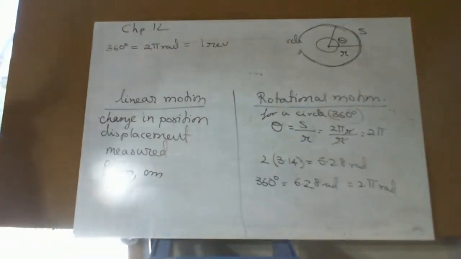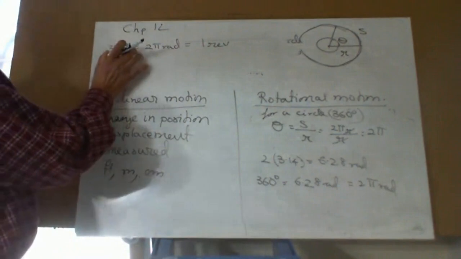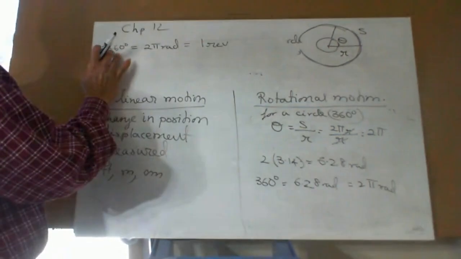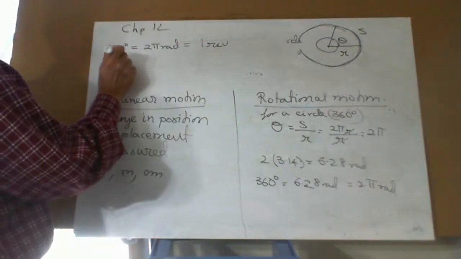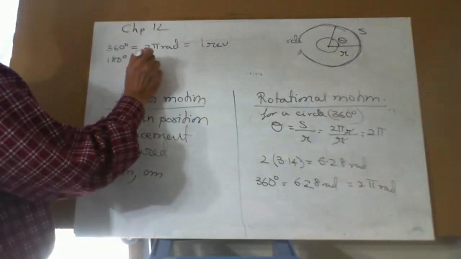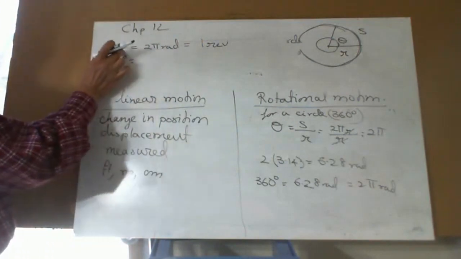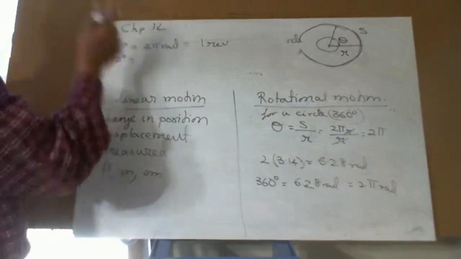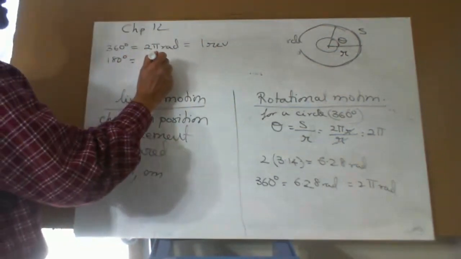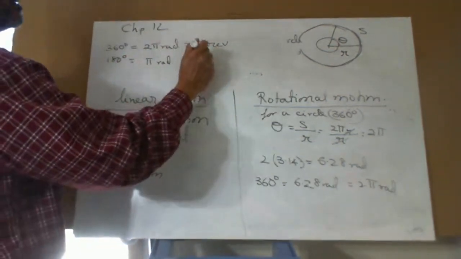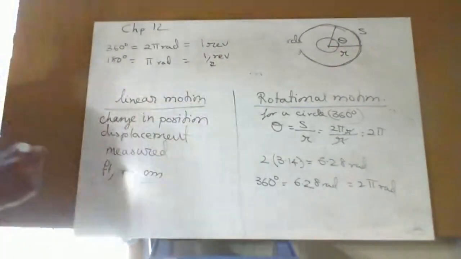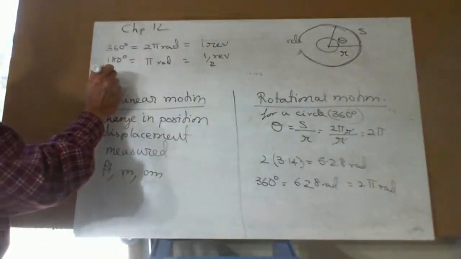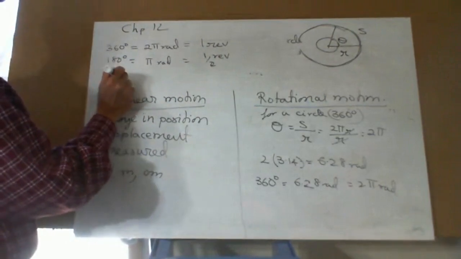All right. So what about half of this? What about 180 degrees? How many radians would that be? If I divide this by 2, it'll be pi radians, or half a revolution. What about 90 degrees?